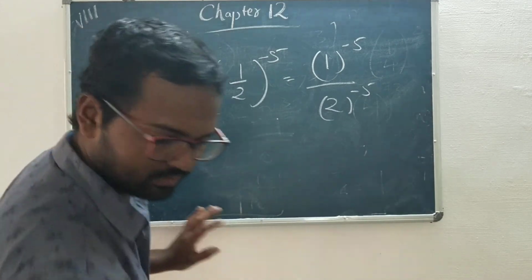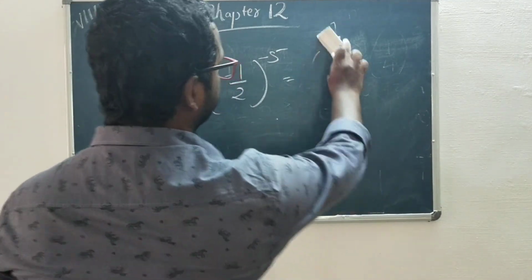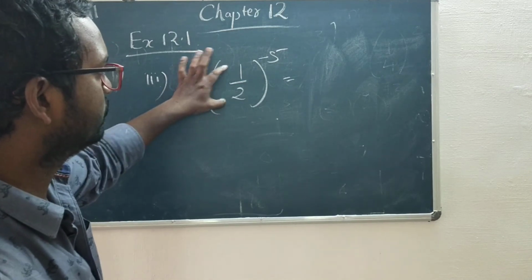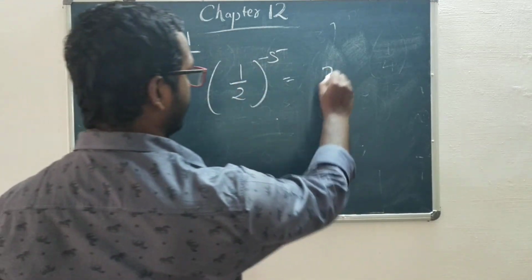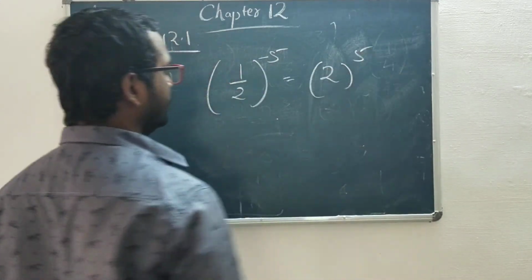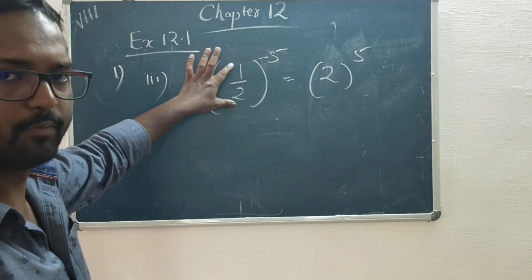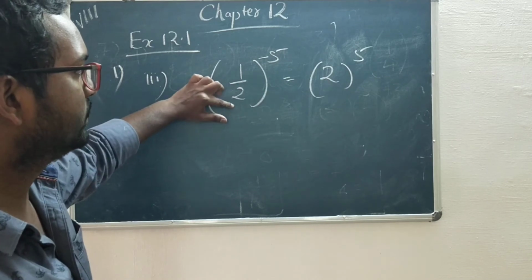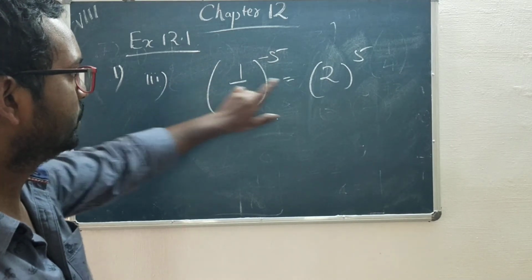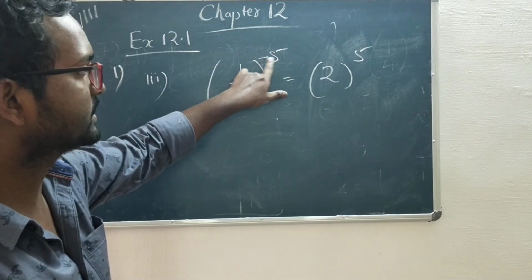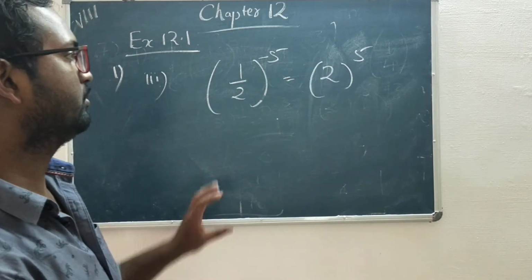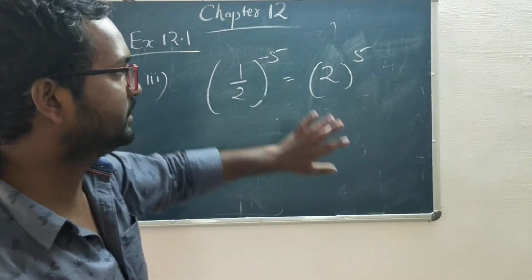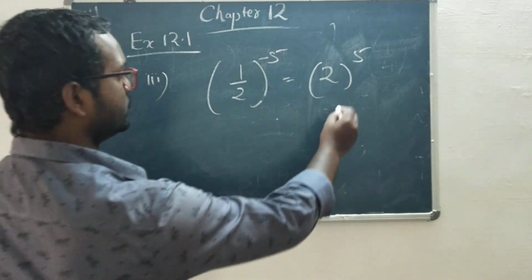So directly, instead of doing all this, I already told you 1 by 2 power minus 5 is 2 power 5. Just take reciprocal of this and change the power to plus. This will go to the numerator, this will come to the denominator, you get 2, then change the sign to positive. Remember whenever you take reciprocal, the sign will change. So the answer is, 2 power 5 is how much?